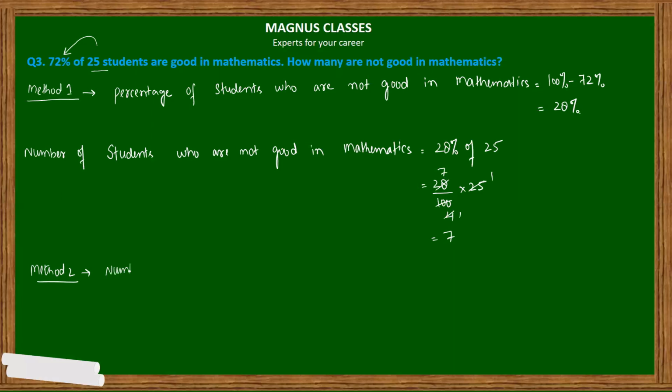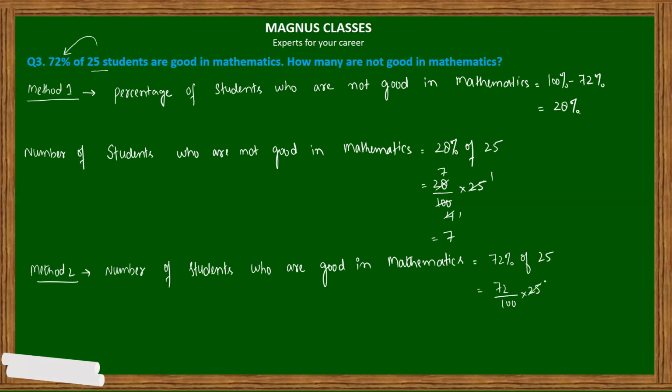So write it down: number of students who are good in mathematics, and that's 72% of 25. So we do 72 divided by 100 multiplied by 25.